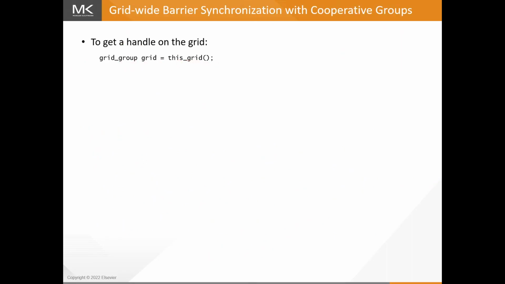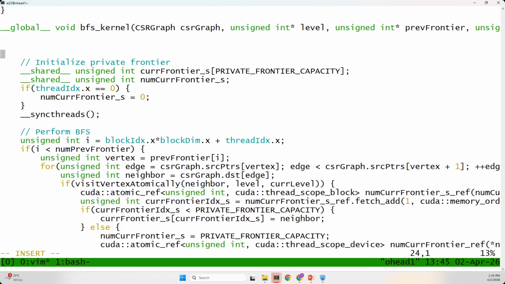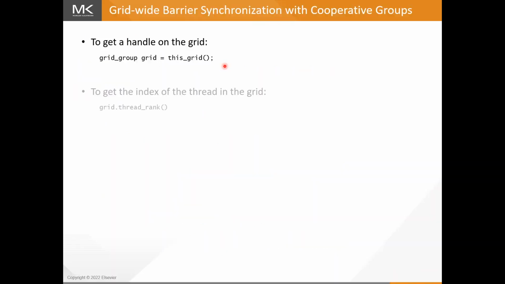So let's do that. I'm going to write grid_group grid = this_grid(). This gives me a handle on the grid. Now, what can I do with this handle? I can get the thread rank, which is the index of the thread within the entire grid.